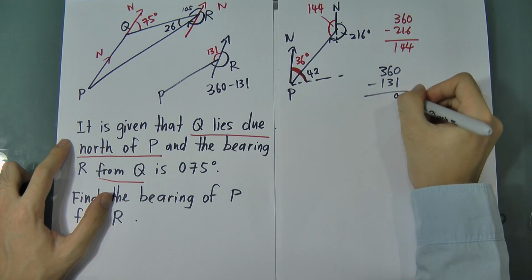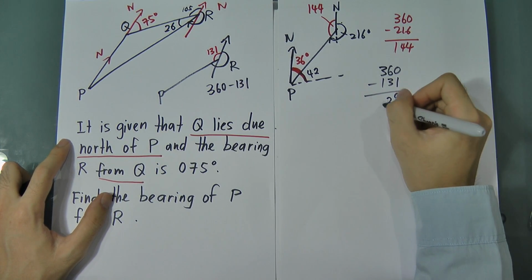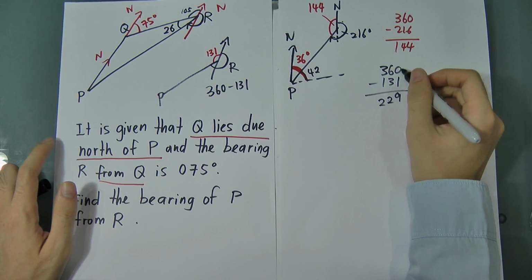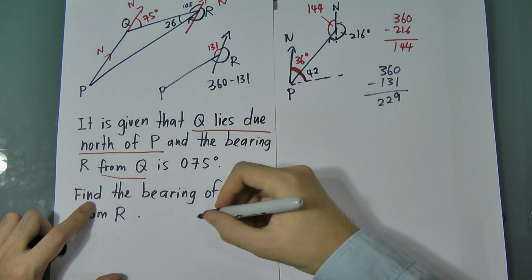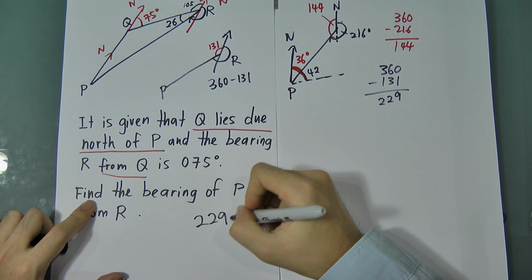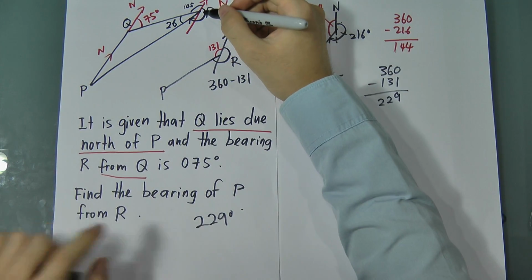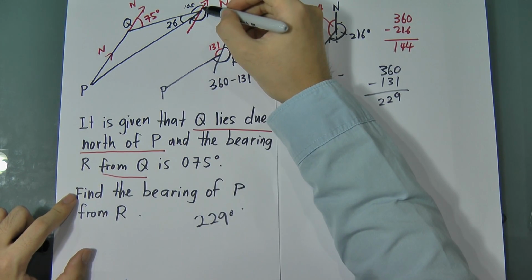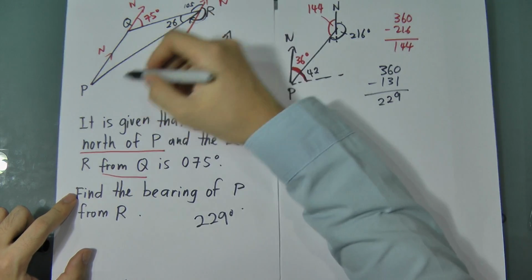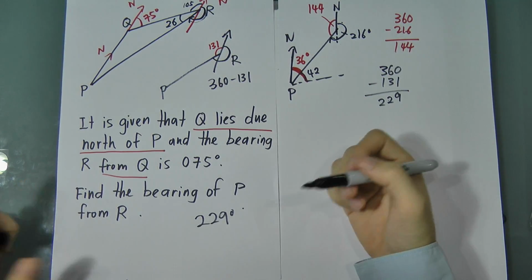This one will be 9, this one will be 2, this one will be 2. 2, 2, 9. Yes, correct. So the bearing is 229, because P from R means from north turning until the line you meet P is 229.